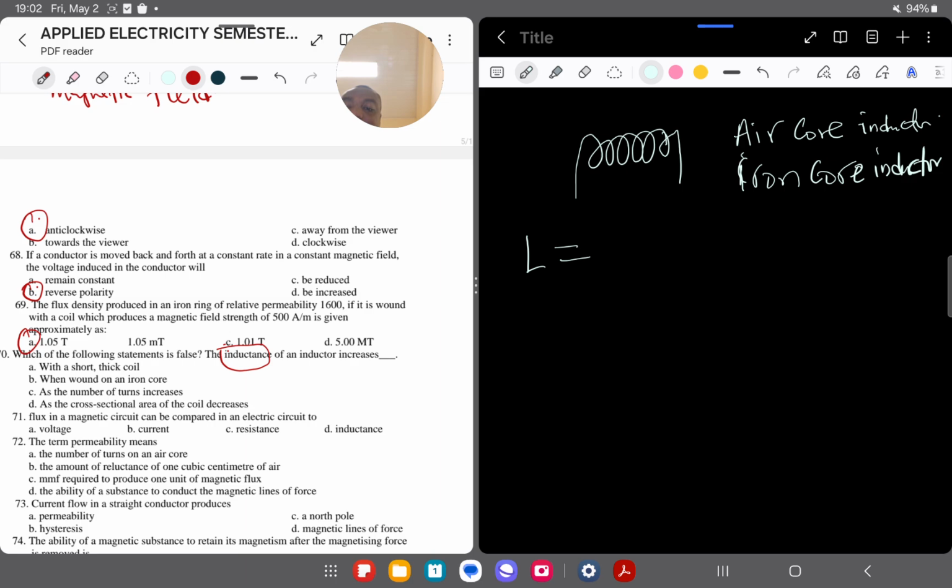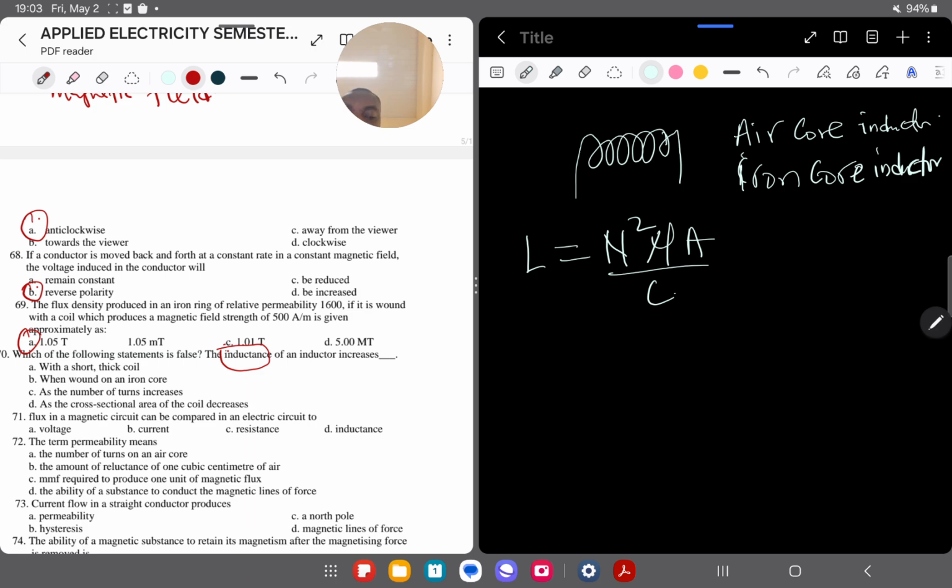The formula for inductance in terms of the number of turns: L equals N squared times the absolute permeability times area over the length of the coil exposed in the magnetic field. This is the formula for the inductance of an inductor.